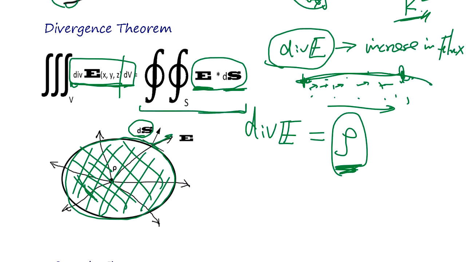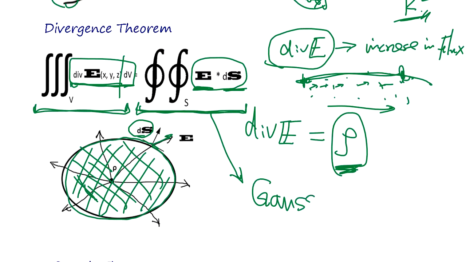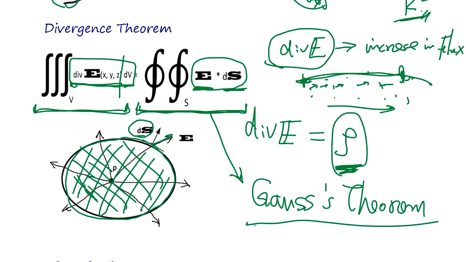So the surface integral is equivalent to the triple integral. This is the divergence integral theorem, often called Gauss's theorem. It's a very fundamental theorem used in electromagnetic theory.